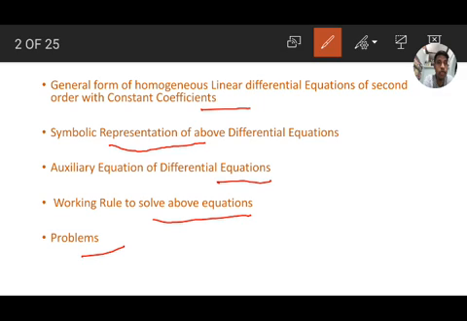First one is the general form. Next, symbolic representation. Next, auxiliary equation. Next, working rule to solve the equations and some examples. In this homogeneous linear differential equation we have second order. In this class we are discussing second order differential equations, and then the next topics are the symbolic representation of the above differential equation and the auxiliary equation of the differential equation.